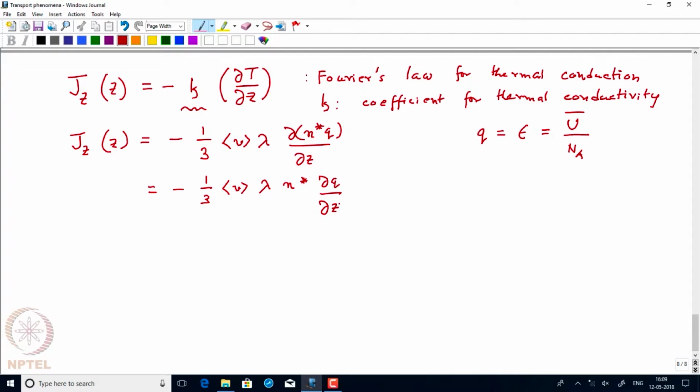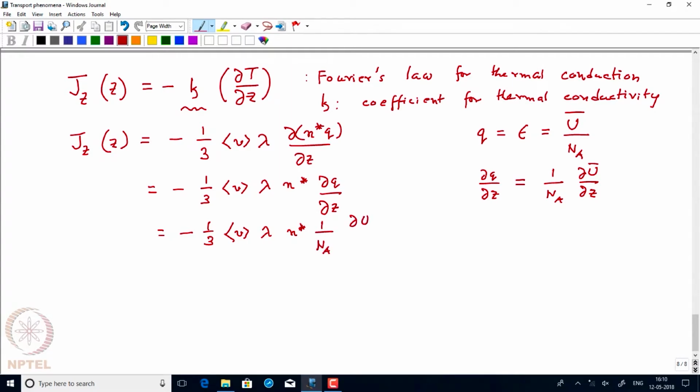As we said, Q is nothing but average energy, or you can say internal energy. So del Q del Z will be nothing but 1 over Na del U del Z. Now here we can replace it: minus 1/3 V average lambda n star and then 1 over Na.